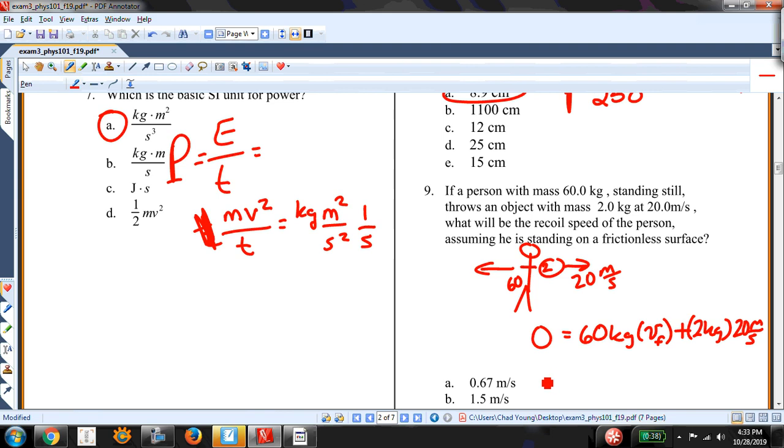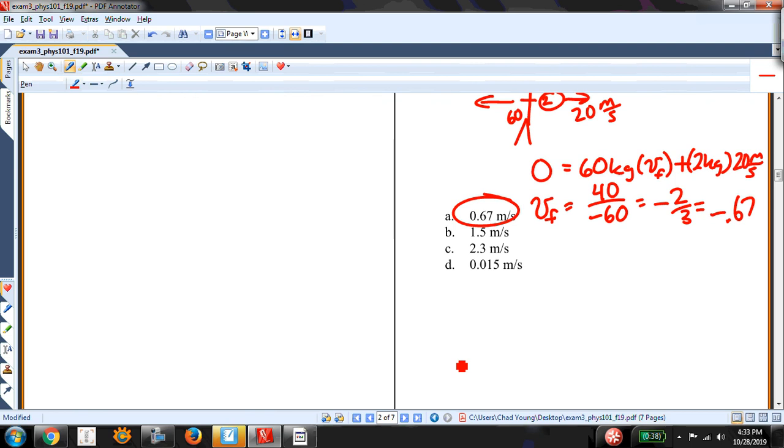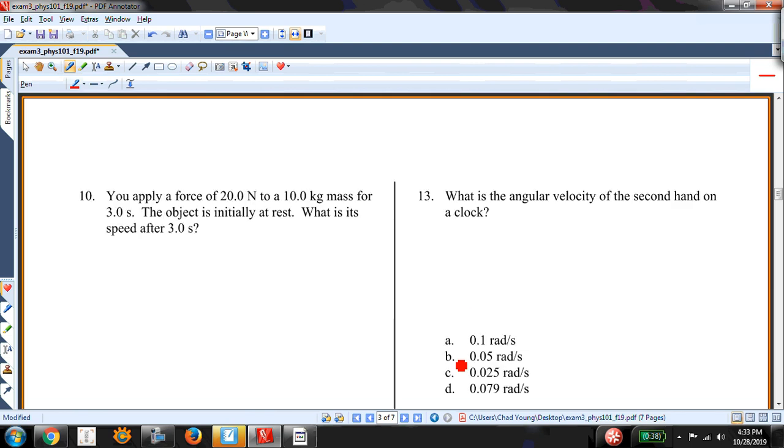So v_f equals 40 divided by negative 60, or negative 2/3, or negative 0.67 meters per second. So A, but I was just looking for the speed, so we'll just leave off the negative.